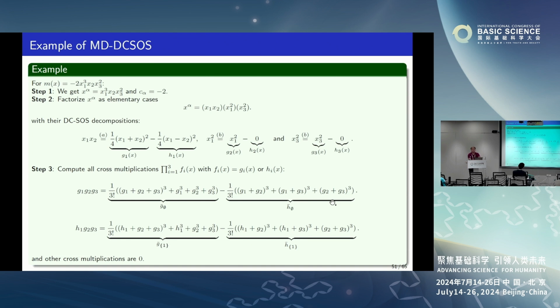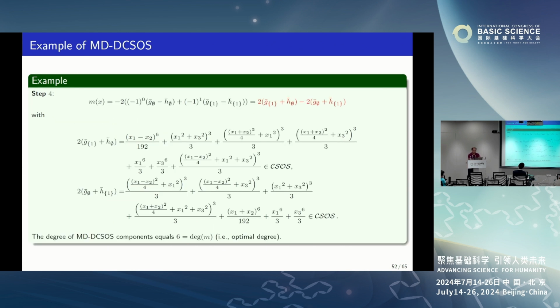So this leads to the final result. It's not as long or as complicated as you see. Finally, after rearranging the terms, you have twice the sum of them and twice the sum of them for the left part and for the right part. And the degree is optimal.